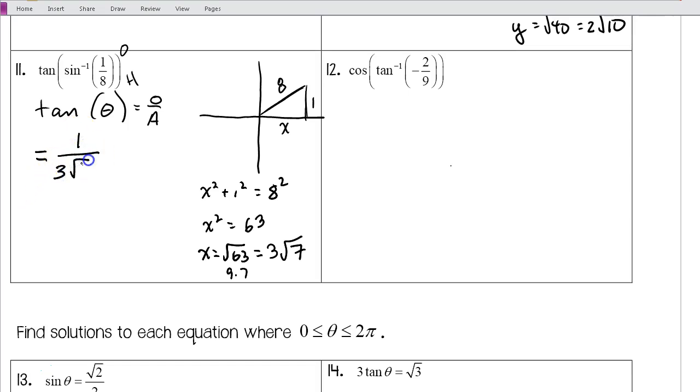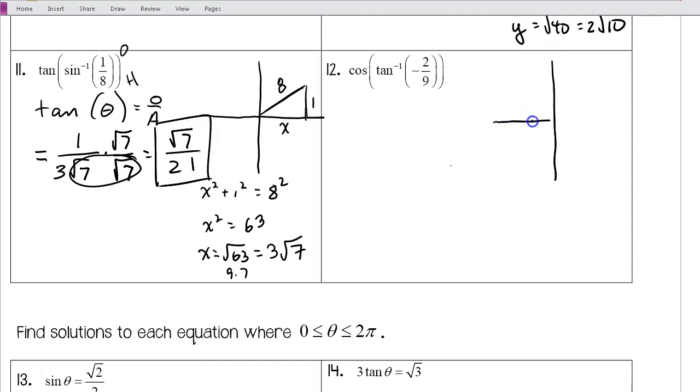So 1 over 3 root 7. Which we will rationalize, and we get root 7 over root 7 times root 7 is 7. 7 times 3 is 21. So we have root 7 over 21. Alright, moving on to the last example.